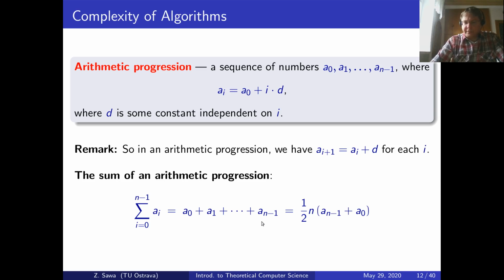So we will have n such pairs, and we can easily see that the sum of each such pair is always the same. So we can just take the first pair, and we have n such pairs. This way we can derive this sum.